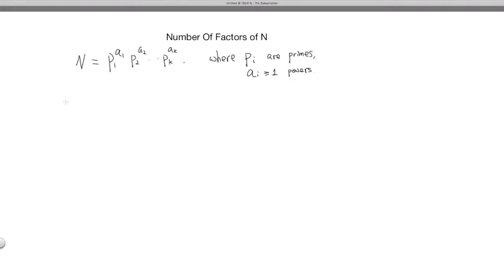some intuitions. The first simplest case we're going to consider is n itself is just a power of a prime, p to the power a. In this special case, we are saying that for a general n, there's only one prime factor, and it has power a. What are the factors for such a number?